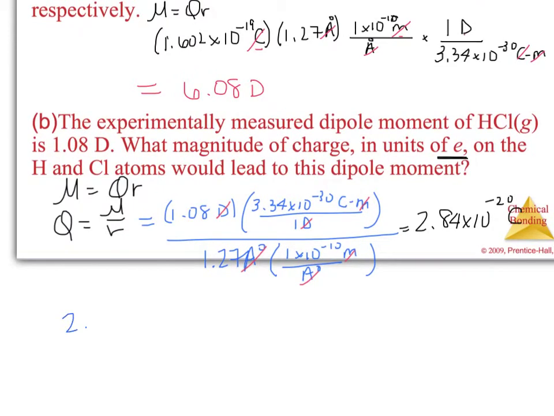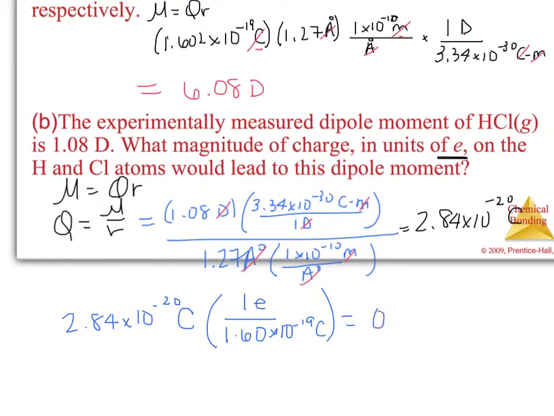So I have my 2.84 times 10 to the negative 20th coulombs, and I'm going to convert using the conversion that 1 e is equal to 1.60 times 10 to the negative 19th coulombs. So now when I simplify, I end up with 0.178 e, or electronic charge.